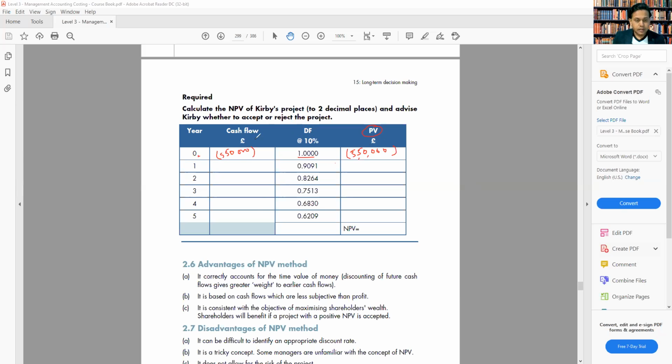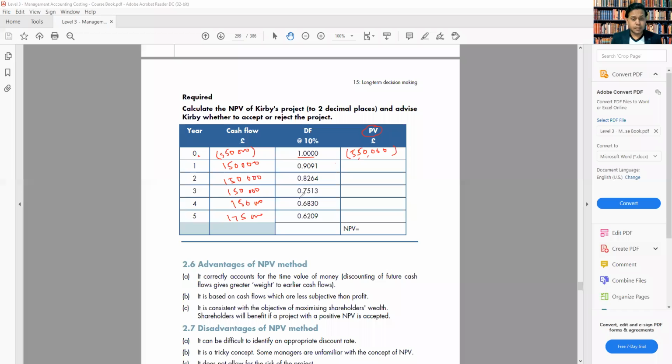And then year 1, we have 150,000. Year 2, 150,000. Year 3, 150,000. Year 4, 150,000. And year 5, 175,000, because 25,000 will come from the scrap.